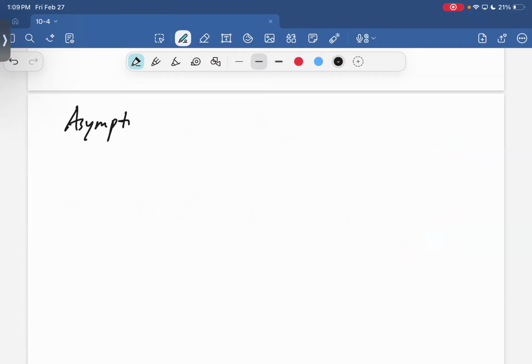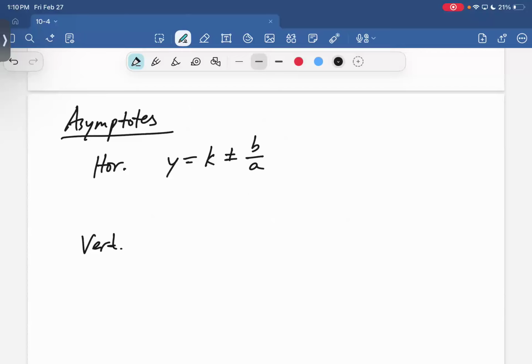Okay, let's talk about the equations for the asymptotes. So the asymptotes are also going to be split into the horizontal and vertical cases, and we will have two equations for those two respective cases. So for a horizontal hyperbola, the asymptotes will be given by y equals k plus or minus b over a times x minus h.